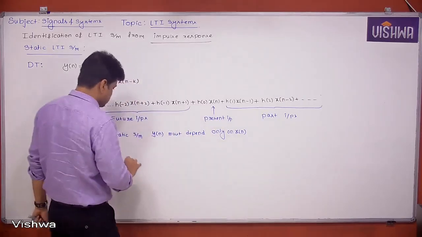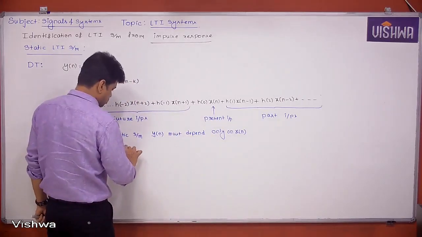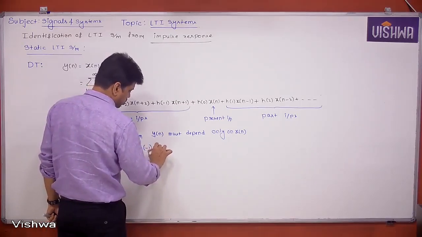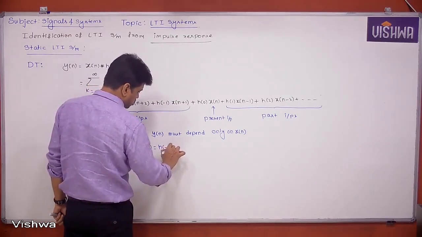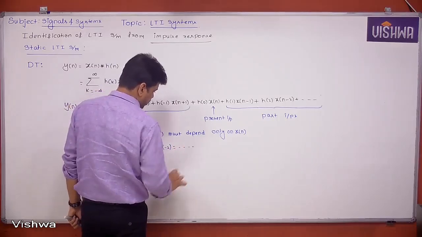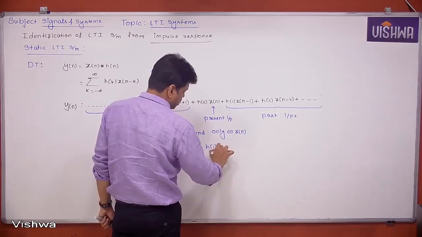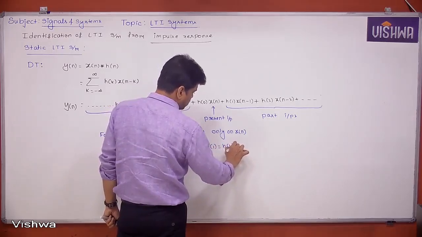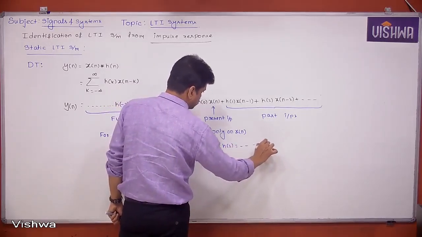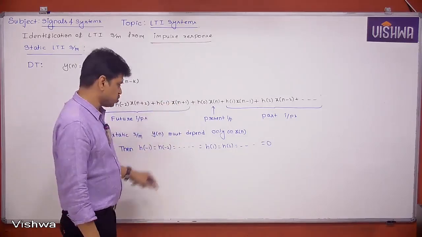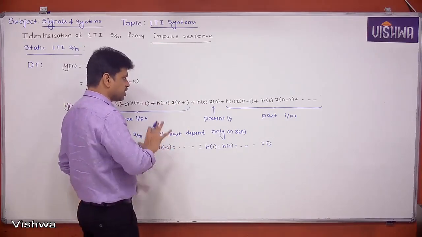Then we can say h of minus 1 is equal to h of minus 2 and so on, and h of 1, h of 2 and so on also have to be 0, while h of 0 should not be 0. So only h of 0 exists and the remaining values have to be 0.